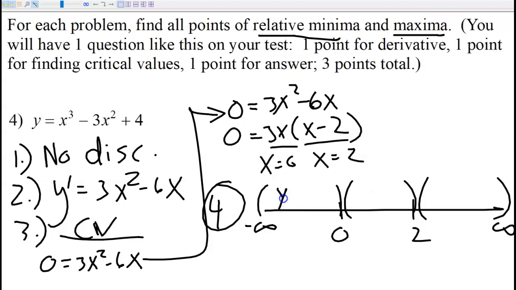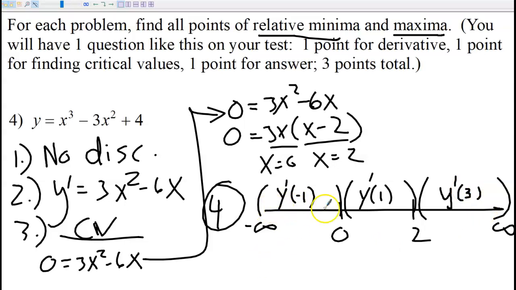We're talking about a function named y. All right, so on this interval here, I'll plug in -1. On this interval here, I'll plug in a +1. On this interval, I'll plug in 3. And we just want to see what happens with the derivative.